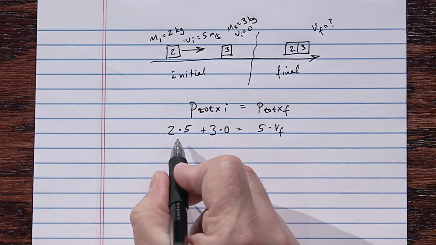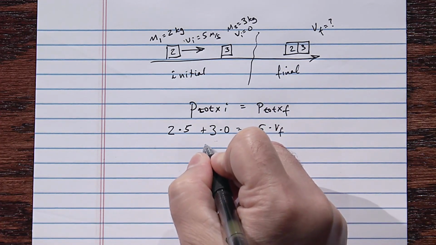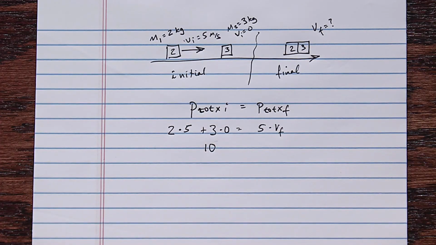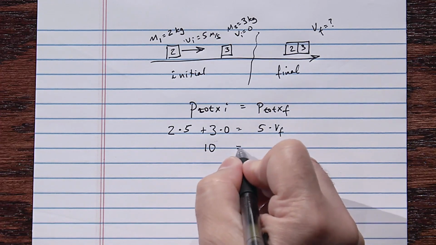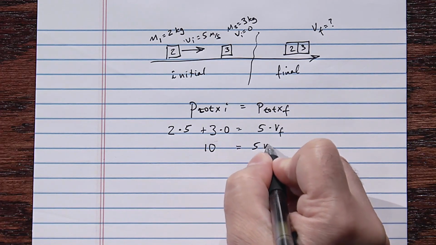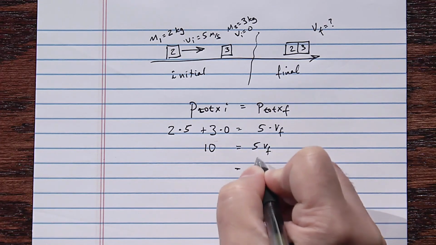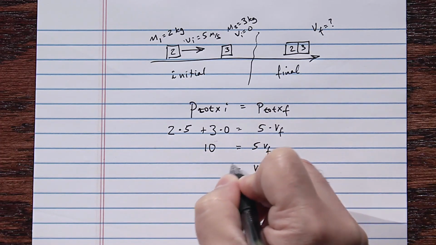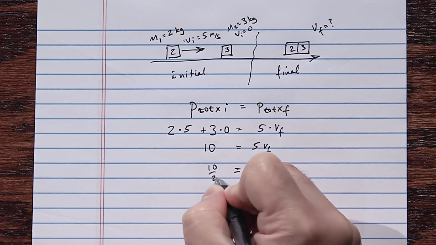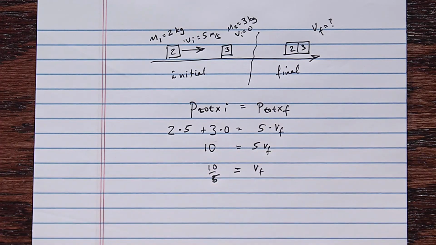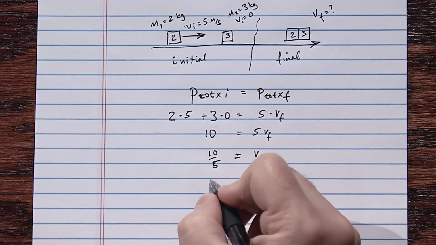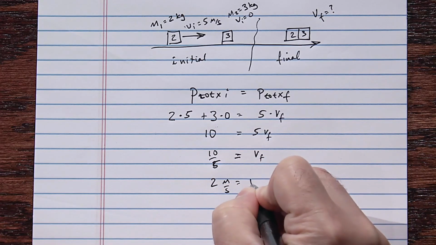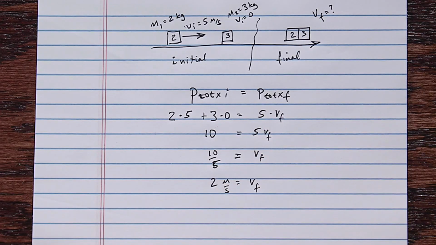And so initially we have 10 kilogram meters per second of momentum. And finally we have 5 times V final. So that tells us, if I divide both sides by 5, that V final is equal to 10 over 5, or 2 meters per second is equal to V final.